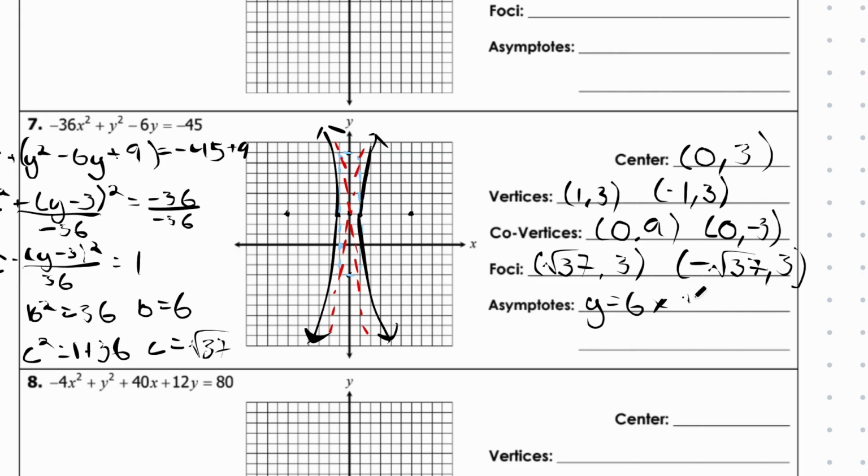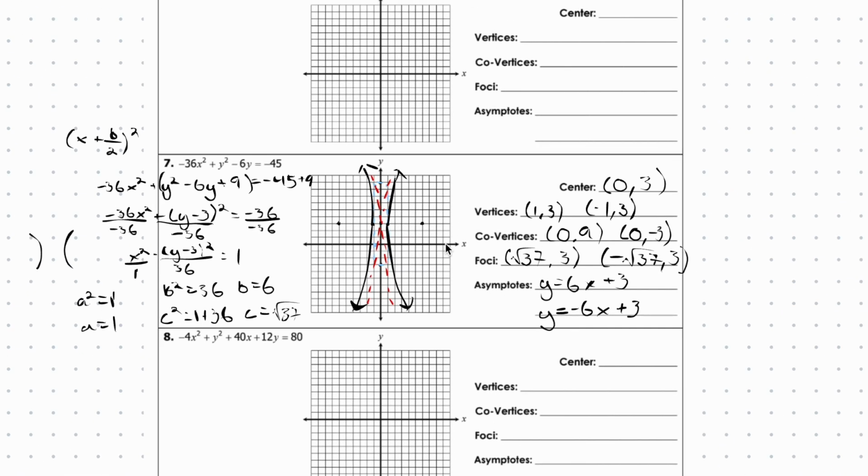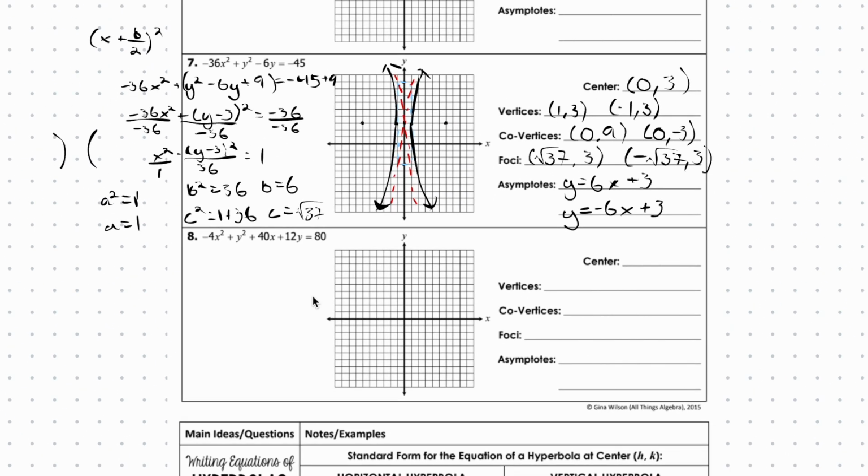And then plus k, which is 3. So we're also going to have the negative version of that, and something like that. Boom. And this should be very similar, except now for number 8, you're going to actually have to do completing the square for both x and y.